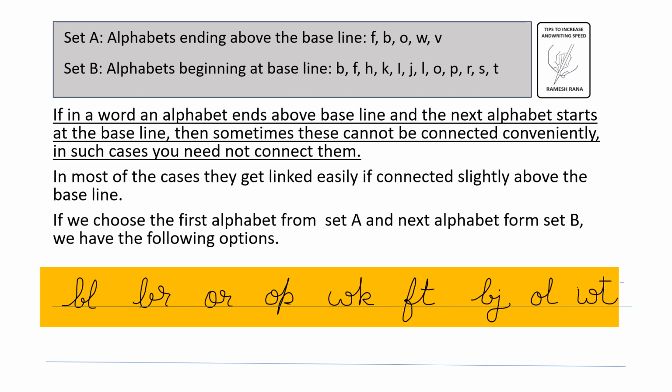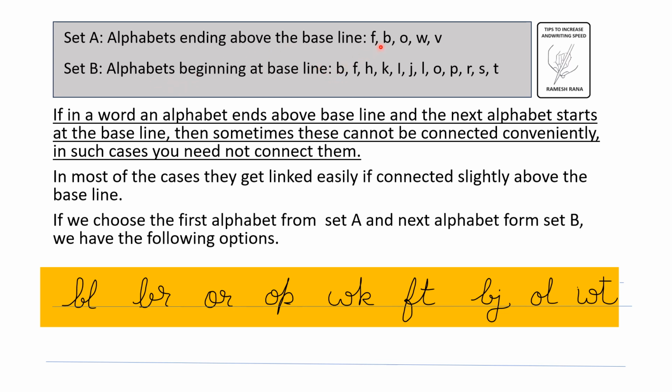In the second case, the first alphabet ended slightly above the baseline, the second alphabet started above the baseline. Now, in this case, we have a different thing. See, F ends above the baseline, B ends above the baseline, O ends above the baseline, and it is to be connected to an alphabet beginning at the baseline.